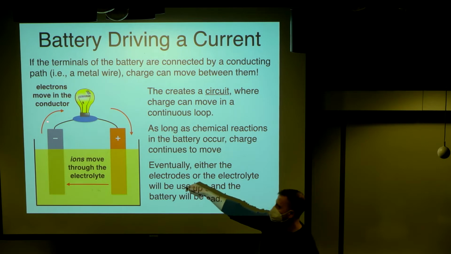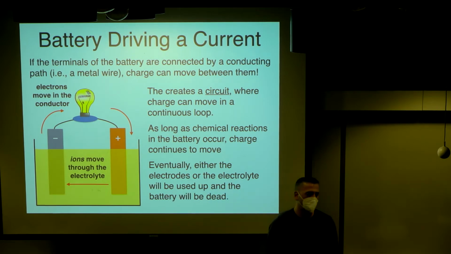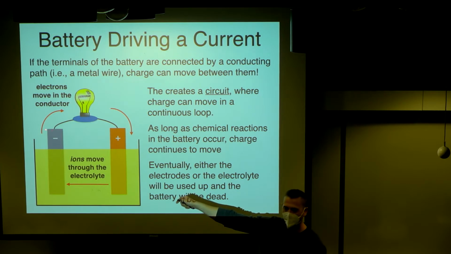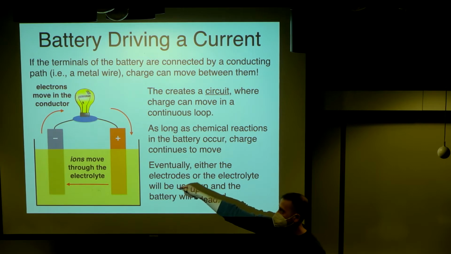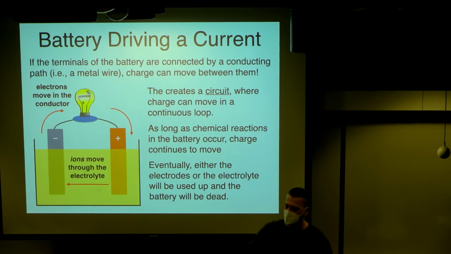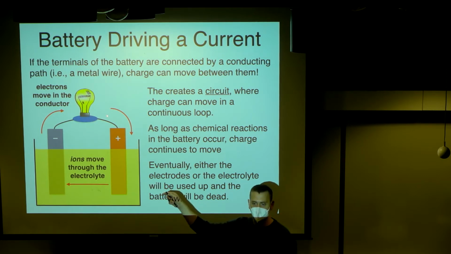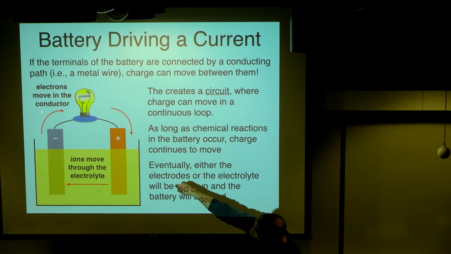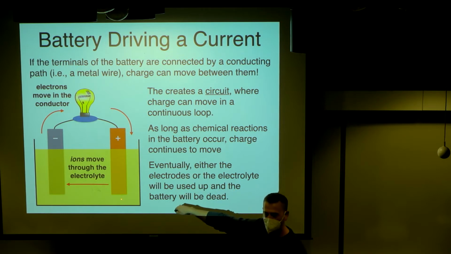And presumably, there are a whole lot of free electrons within that piece of wire. What are those electrons going to want to do? They're going to be repelled away from the negative electrode, right? Because if there's a negative charge here, electrons are going to move away from it. They're going to move through the light bulb, and they're going to be attracted to the positive electrode, right? So you get a sense that electrons would be moving this way.